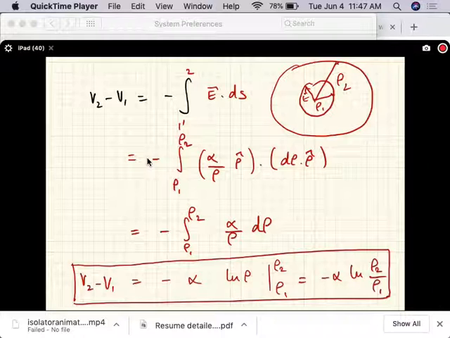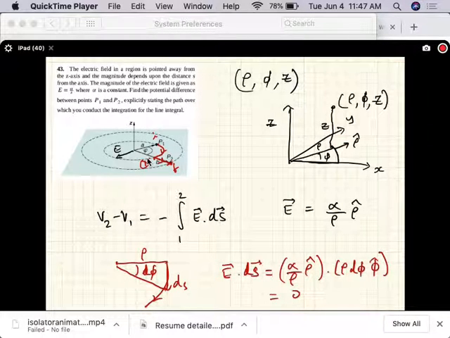All right, so here's one of the main points of this problem. This line integral is independent of how you get from there to there. You can choose any of the paths, and the value of the line integral is the same. That's true for conservative forces.